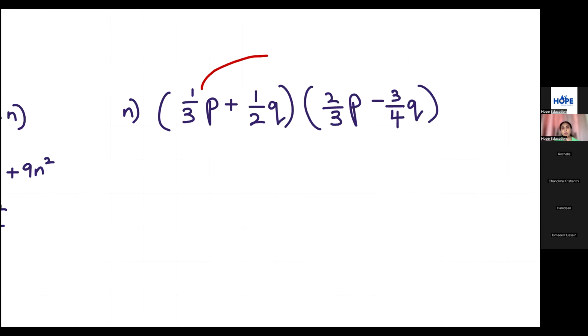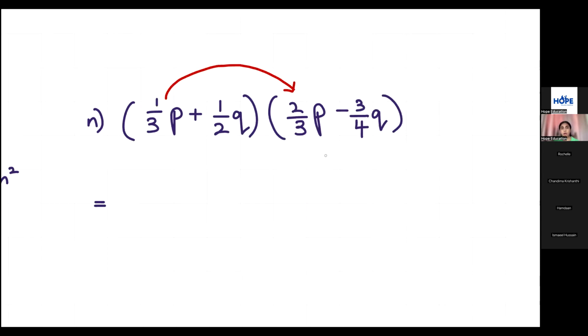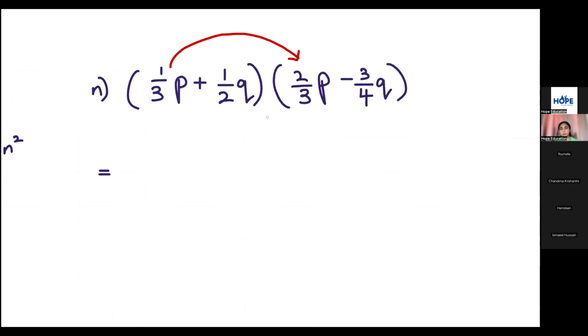1/3p multiplied by 2/3p. Now, we have to multiply the fractions. Here there is 1/3. Here there is 2/3. The method of multiplying is a bit complicated, so I will multiply it on the side. 1/3 multiplied by 2/3.